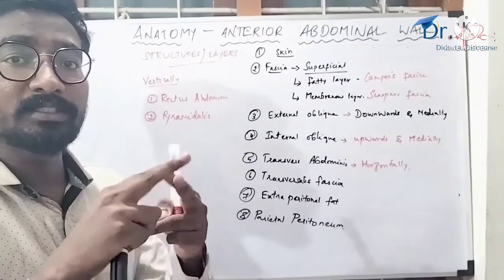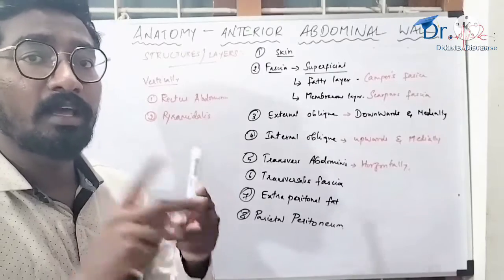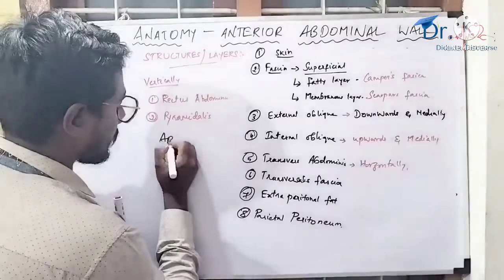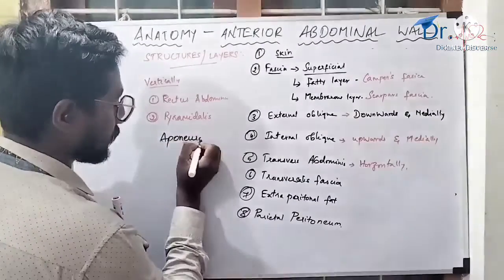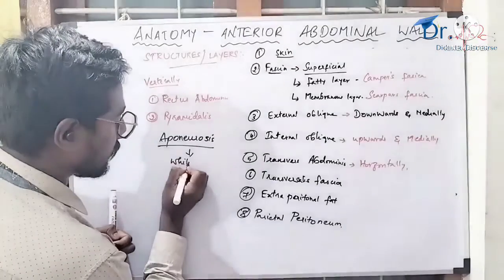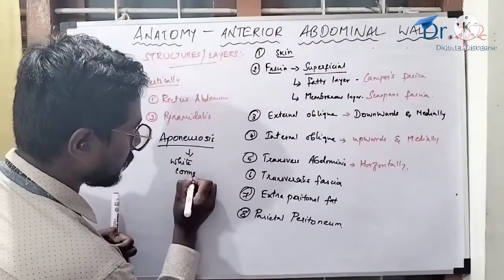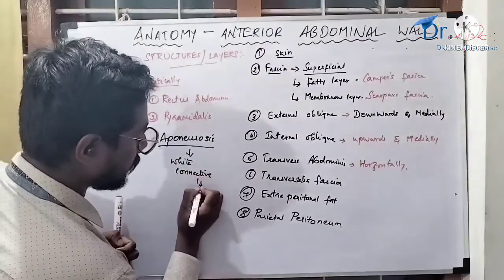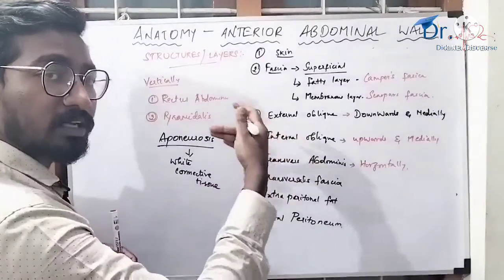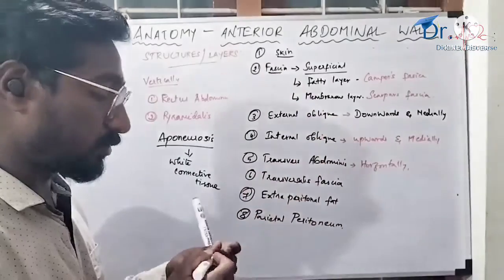So in a way, the muscles are connected by aponeurosis. It's nothing but white connective tissue which arises as the continuation of the muscles.